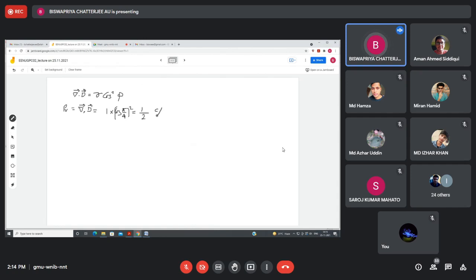So the volume charge density rho v happens to be 0.5 coulomb per meter cube.